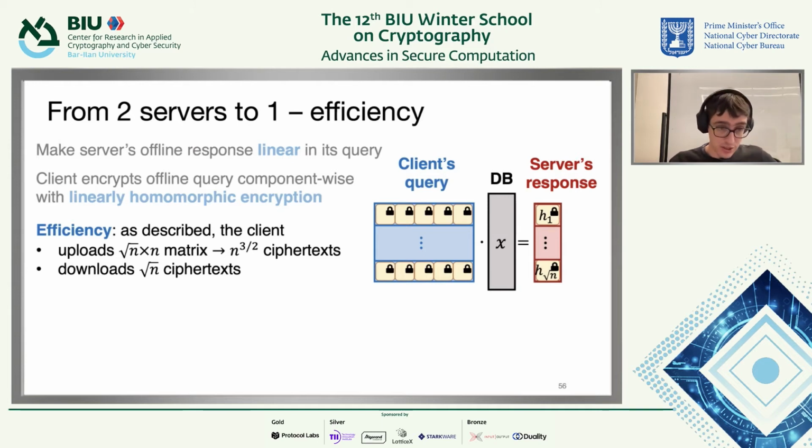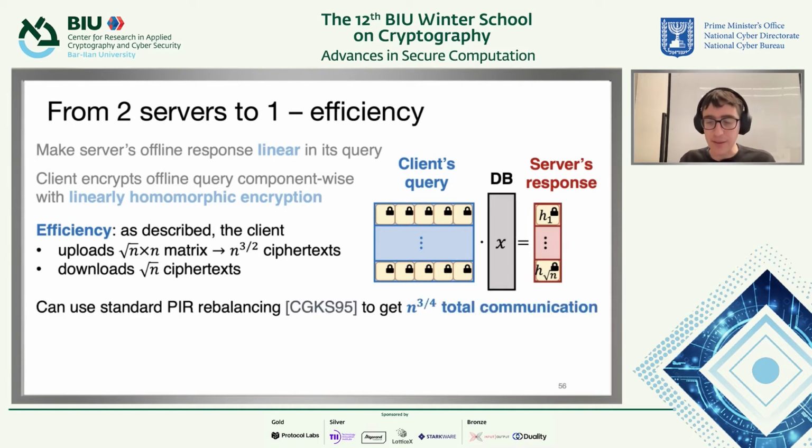And just note that in the download direction, the offline phase is much more efficient. You only need to download square root n ciphertexts, just as in the 2-server case. And in fact, here comes an interesting idea that is very useful whenever you're dealing with PIR protocols, called rebalancing. This dates back all the way to the original PIR paper.